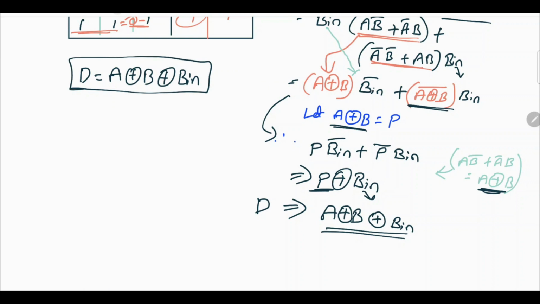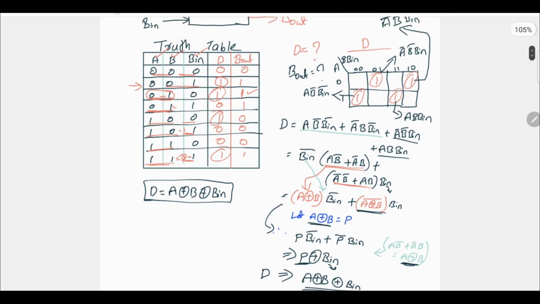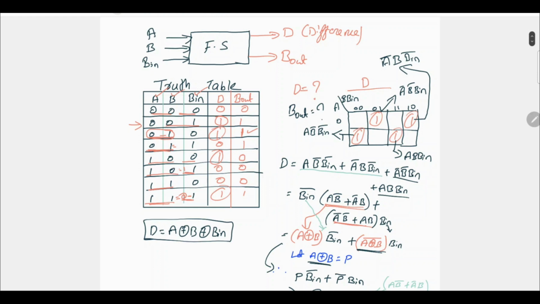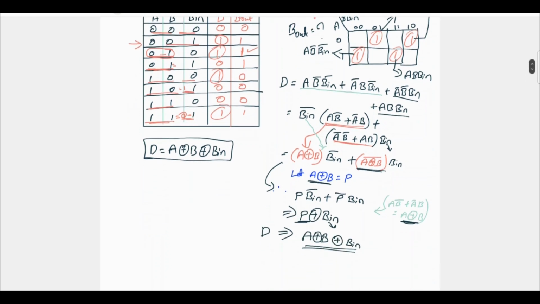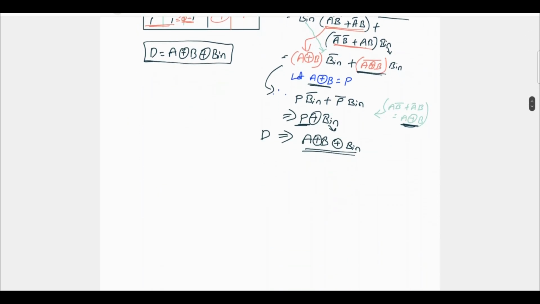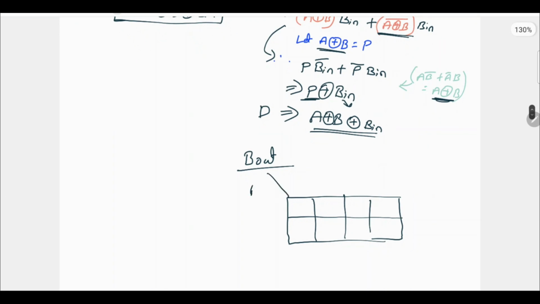This is our difference. Now in the same way we have to find the borrow out also. We want to find B out. Again we have to draw a 3 variable K map because we have 3 input variables. So they are A, B, B in, 0 0 0 1 1 1 1 0, 0 1.